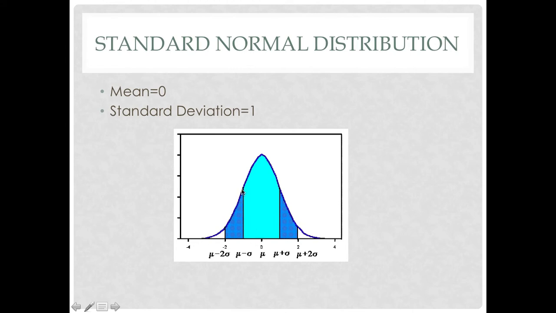That's where minus 1 standard deviation and plus 1 standard deviation from the mean are. Your second standard deviation on both sides is where you have just a little bit of a tail left, because within these two standard deviations is 95% of your data.